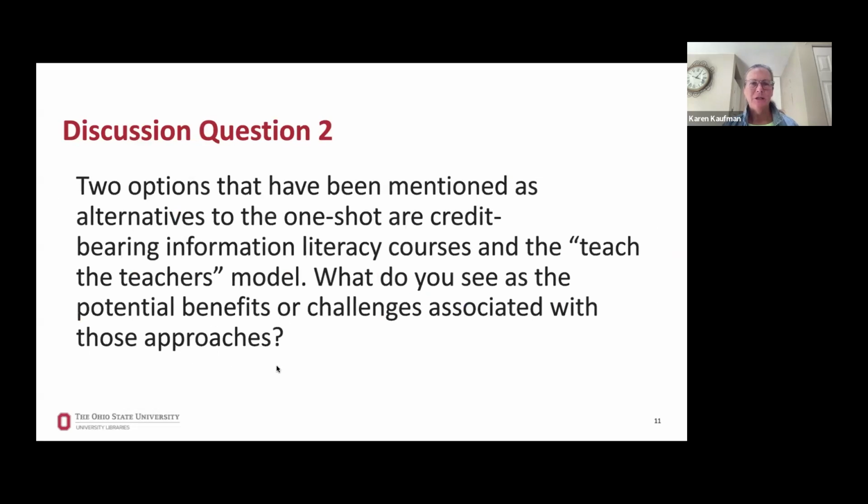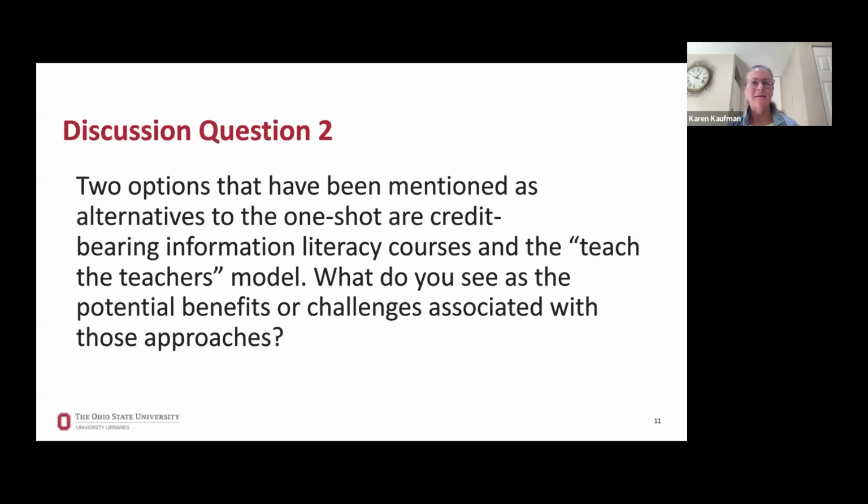So our next question for our panelists, you can see on the screen here. Two options that have been mentioned as alternatives to the one-shot are credit-bearing information literacy courses and the teacher's model. I would add, this is Karen editorializing, since Matthew just mentioned the guest lecture idea, I wonder if that could also be entertained in this question too.